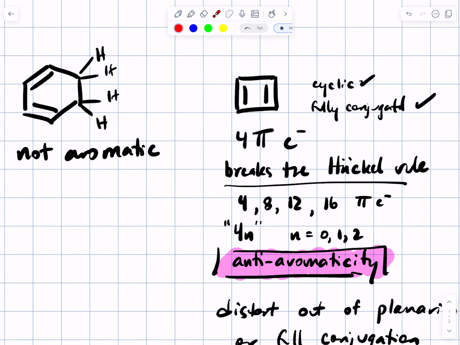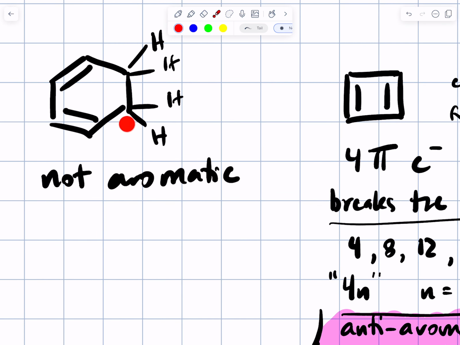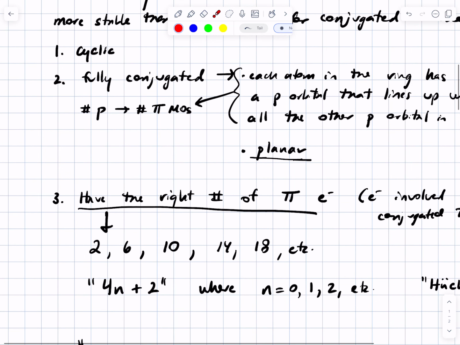Yeah, that one on the left. This one is not fully conjugated. Your first two rules are cyclic, fully conjugated, and then pi electrons. If you don't check the box for fully conjugated, the number of pi electrons doesn't matter. So it won't be anti-aromatic. It's just plain old not aromatic. The only way you're anti-aromatic is if you check the first two boxes and you have the wrong number of pi electrons. Thank you.